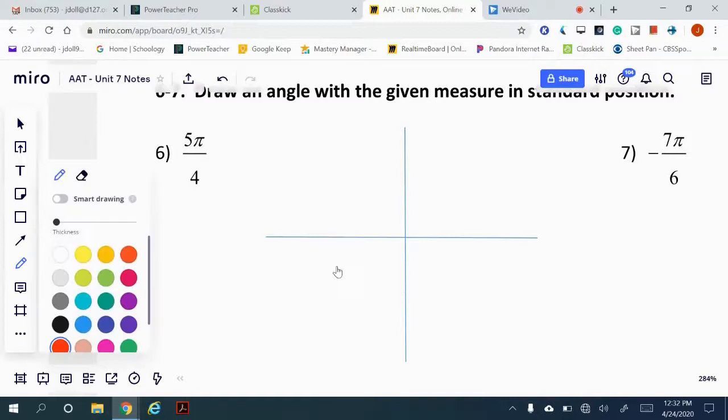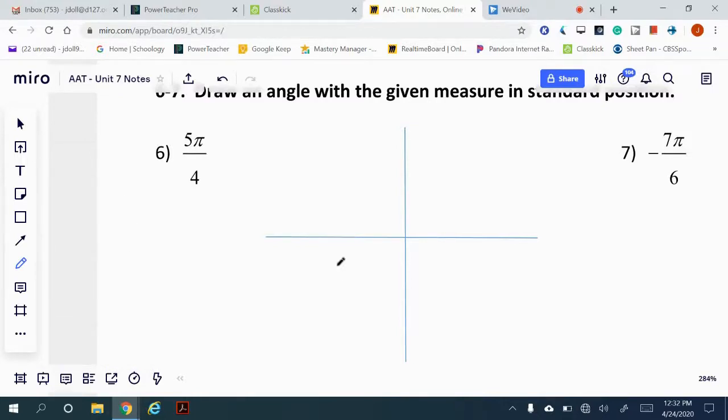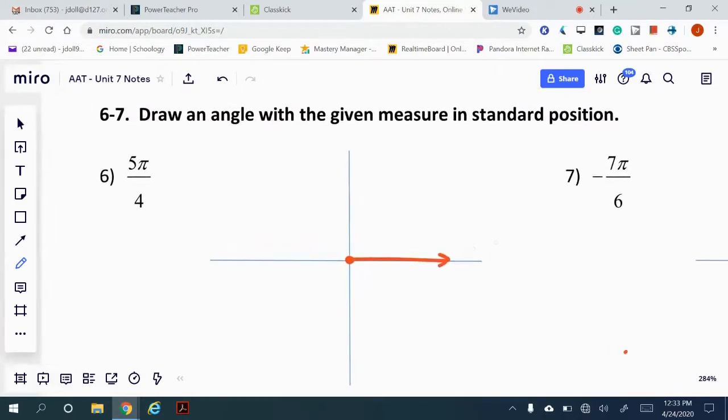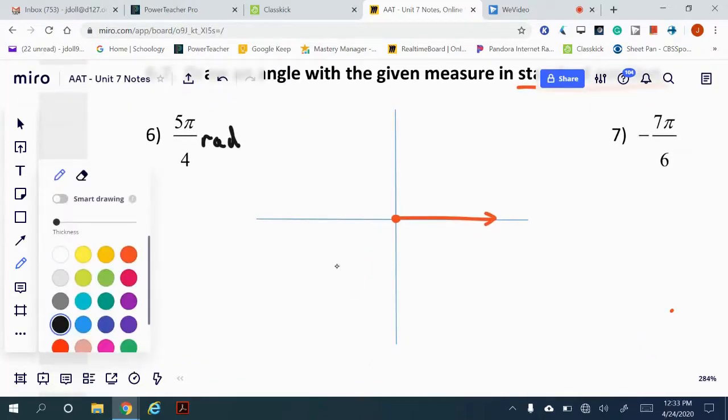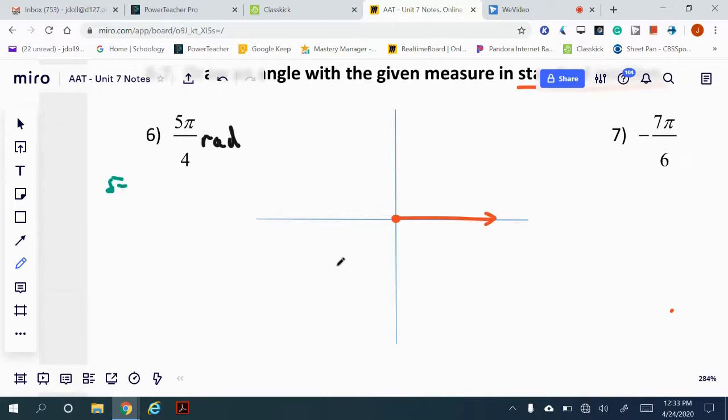All right. So we know right away, going back to standard position, right? We know we need an angle measure here. But you're probably asking yourselves, where in the world is 5 pi over 4 radians? I don't know where that is. That doesn't make any sense to me. So let's do the work to take 5 pi over 4 and convert that into degrees.